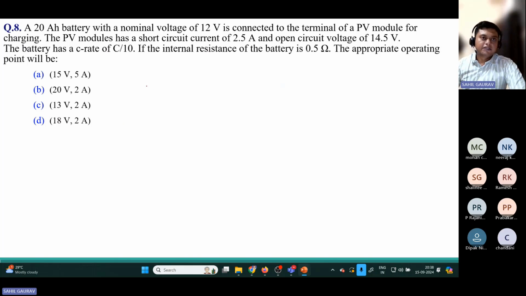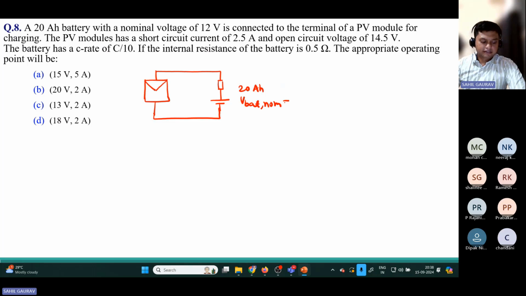So here we are given this PV with all the data, and then it is connected directly with the battery with internal resistance. The ampere hour rating is 20 ampere hour, battery nominal voltage is 12 volt and C rate is C by 10.